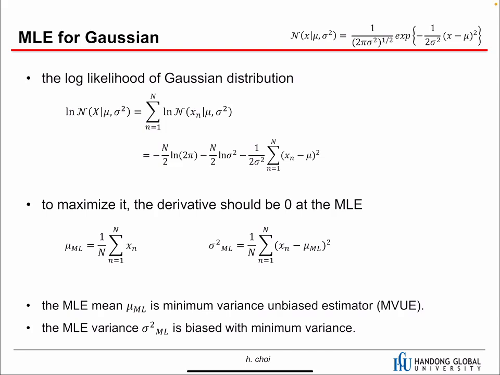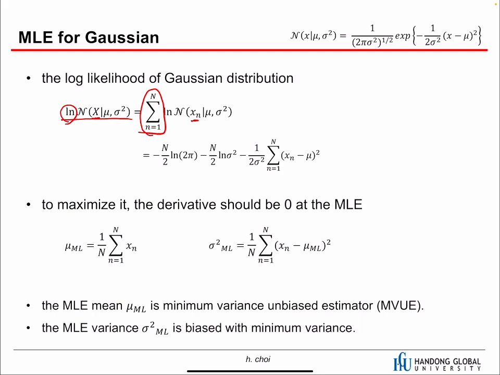Now let's calculate the MLE for Gaussian. And from the previous slide, we want to use a log function. This is the log likelihood. And instead of x, we can use each sample here, and then we have a sum.